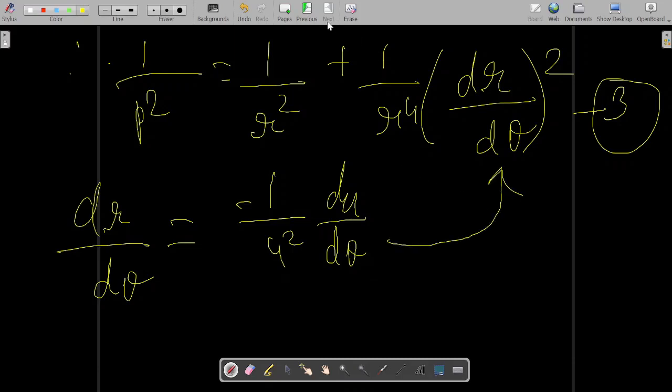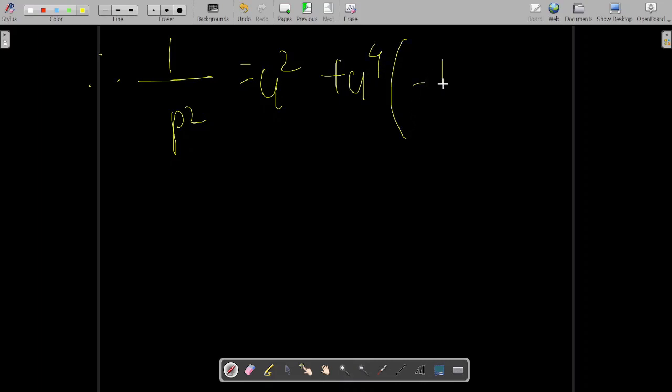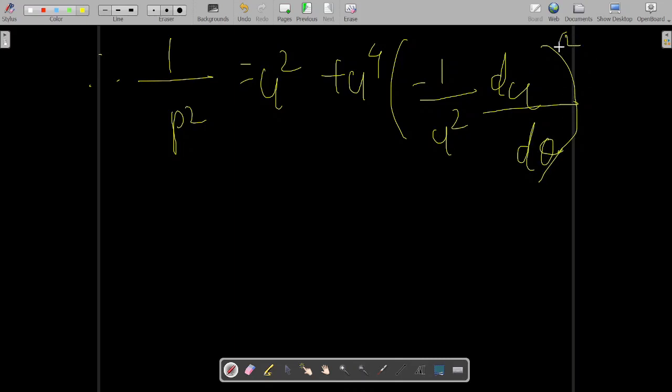Okay, so what do you get after putting that value? Therefore we will get 1 over p square is equal to u square plus u power 4 times minus 1 by u square du by d theta whole square. Okay, this is the thing which you get.